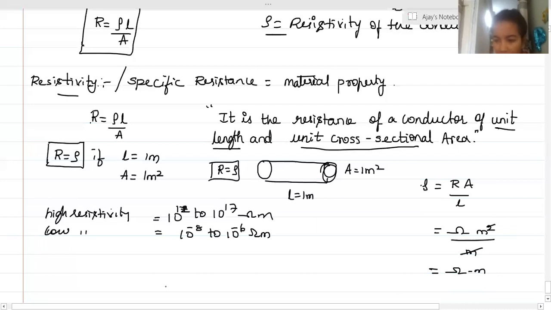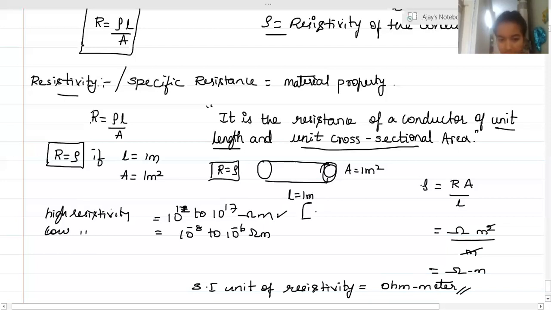So what is the SI unit of resistivity? Ohm meter. SI unit of resistivity is ohm meter. Understood? So what is the SI unit of resistivity? Ohm meter. What will be the highest resistivity? Resistivity is nothing but opposition to the flow of charges.